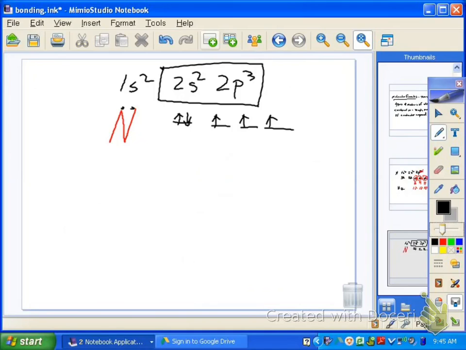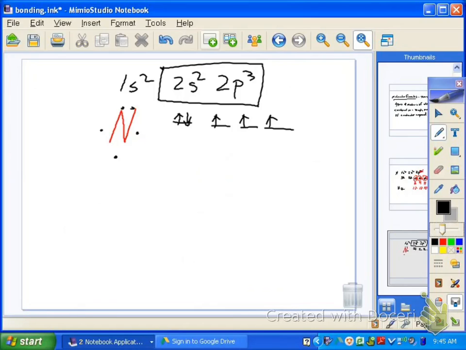Okay? Then these 3 here, we're going to go ahead and fill in at the corners, or each 90 degrees we'll look at filling in an electron. So this is the electron dot notation for this orbital notation. Any questions with that? So this will be easier to write than the 2s2, 2p3. Okay?